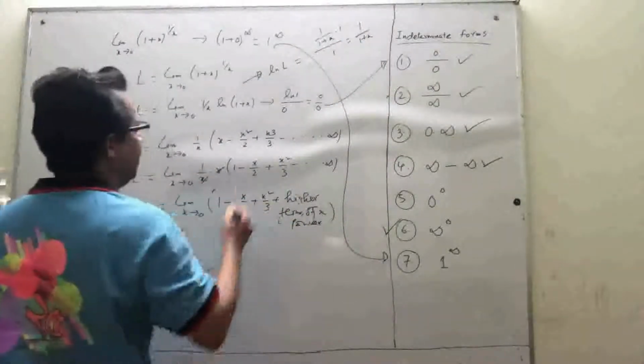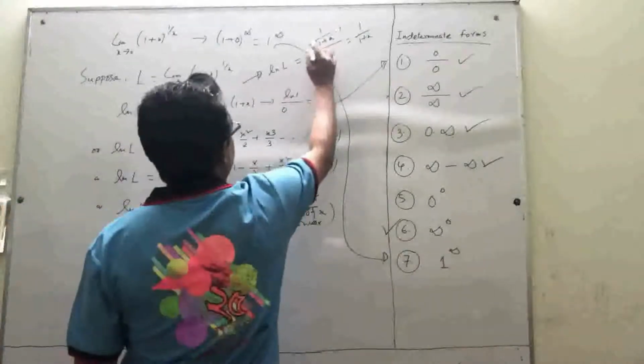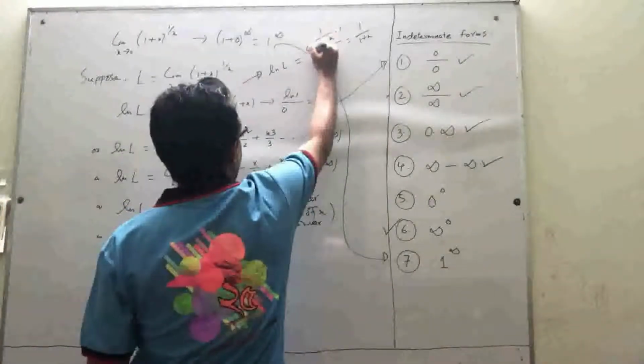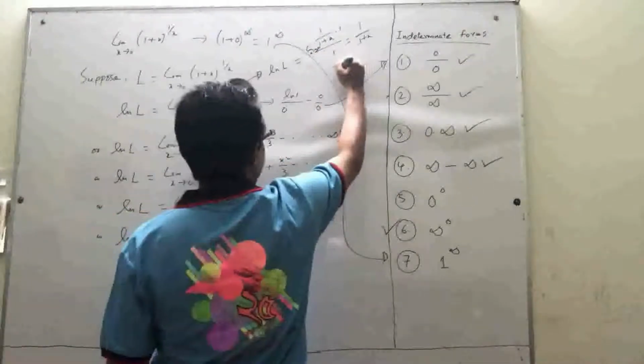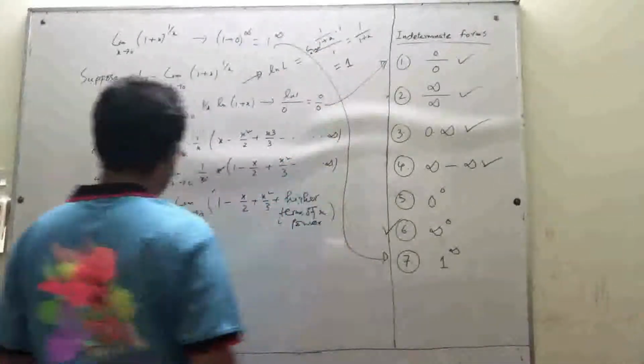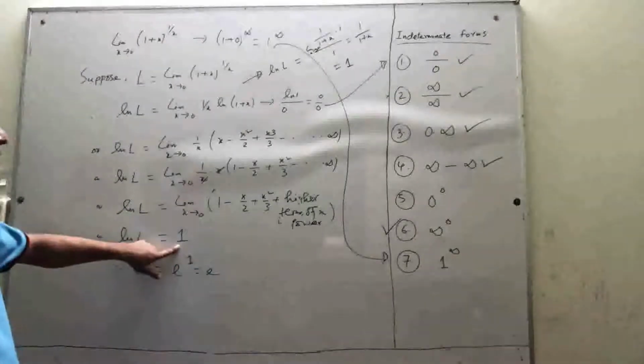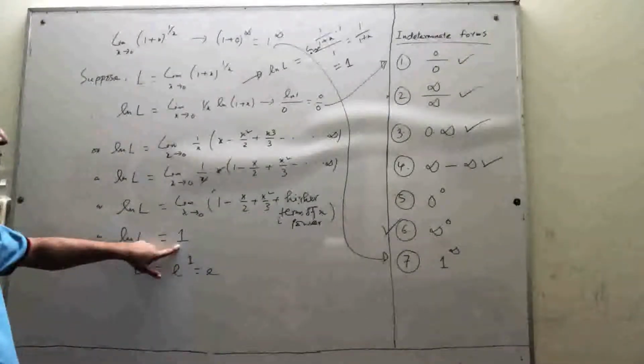And now at x equal to 0, the value of this function is 1, which is the same as before, ln L equal to 1.